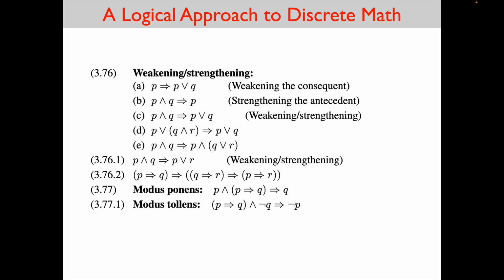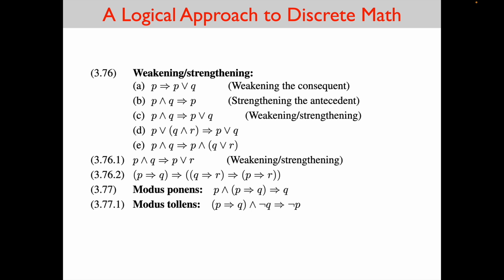That's called modus ponens. But there's another one, there's another argumentation technique in English argumentation that is characterized by this well-known theorem in philosophy called modus tollens. And unfortunately, it's not in our textbook, but I think it should be. 3.77.1 modus tollens.